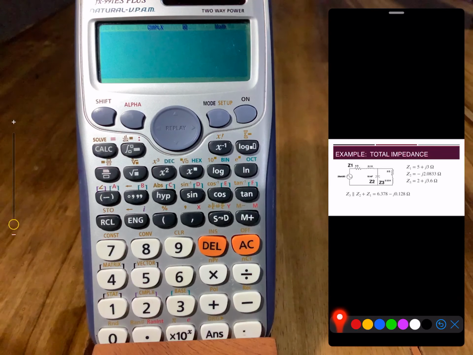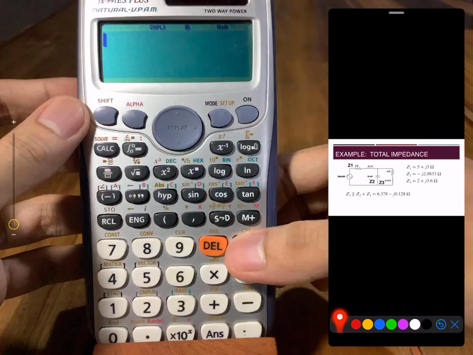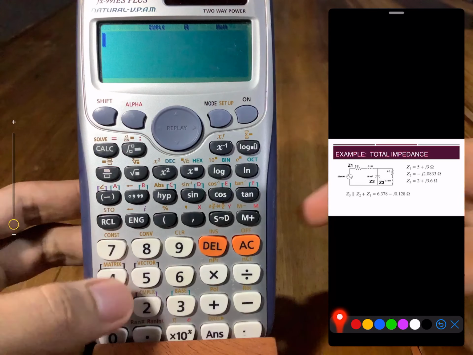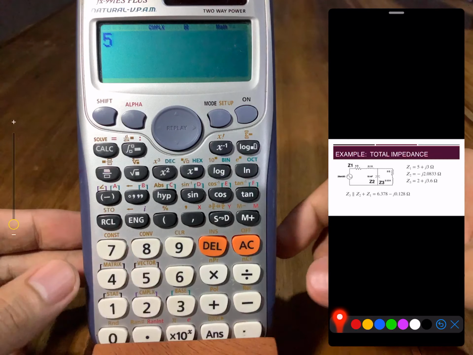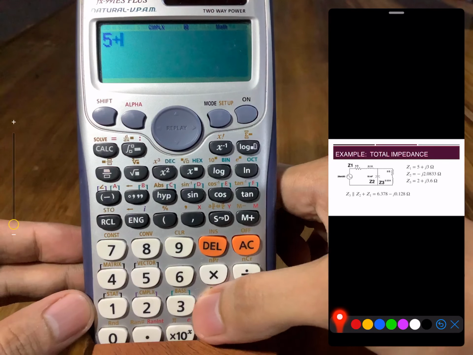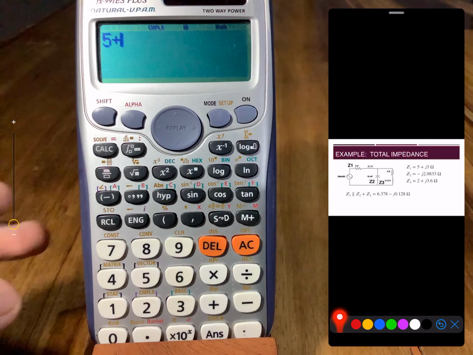So using our calculator, we will store Z1 to variable A, Z2 to variable B, and Z3 to variable C. Let's start with Z1. So 5 for the real component, and for the complex component, we have 3.